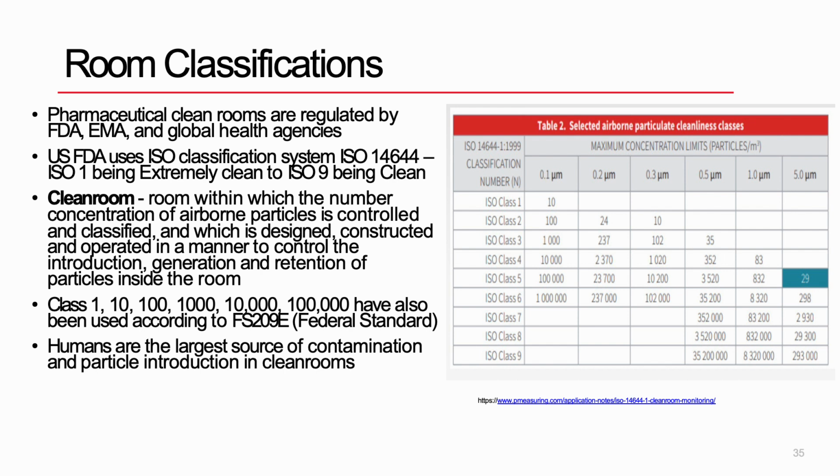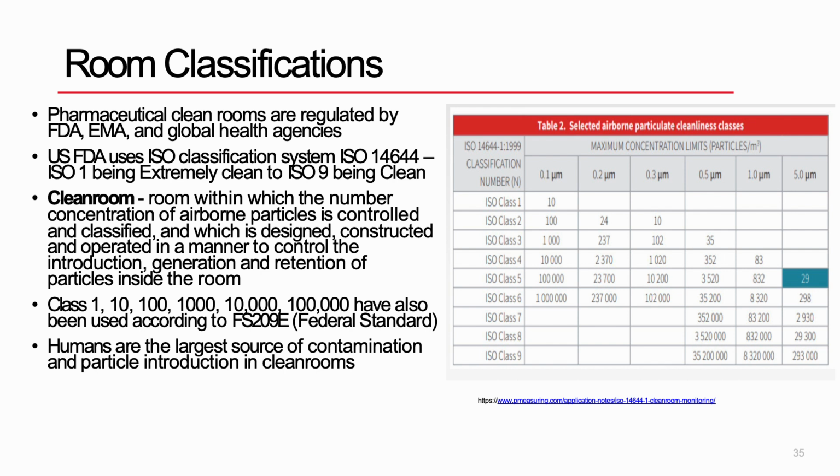We call those classes 1, 10, 100, 1,000, 10,000, 100,000. And as you can see very well in the table on the right, this means that we have a maximum concentration limit of particles at 1 or at 10.